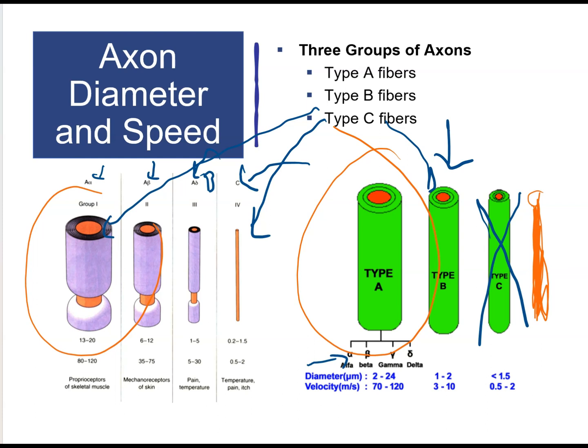And so I read once that if all of our fibers were type A nerve fibers, so all the axons are type A, then each nerve in our body would be about the size of a typical garden hose, which would mean that our spinal cord would have to be the size of one of those big trash cans. And obviously that's not very flexible or very mobile for us. So we sacrifice speed so we can have smaller size nerves and we can be a little more compact.